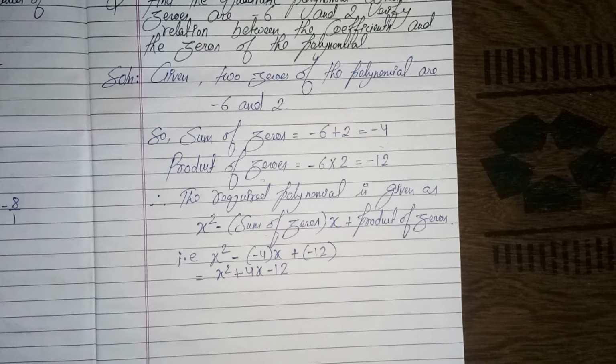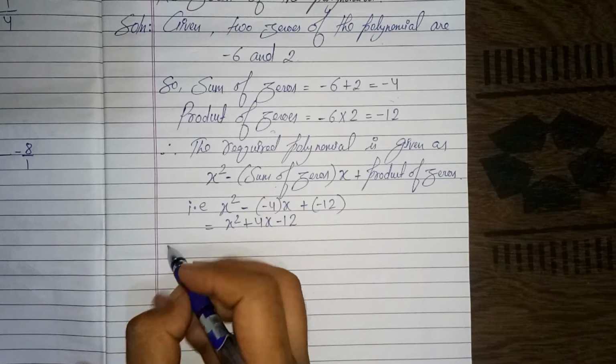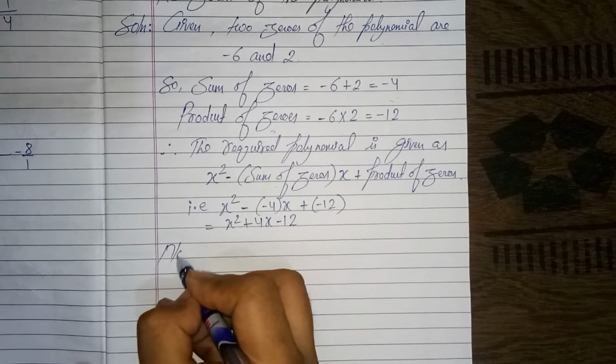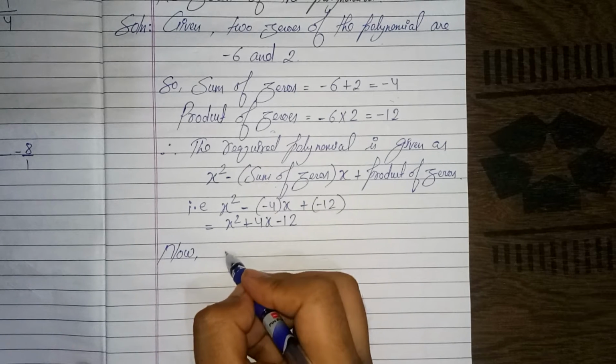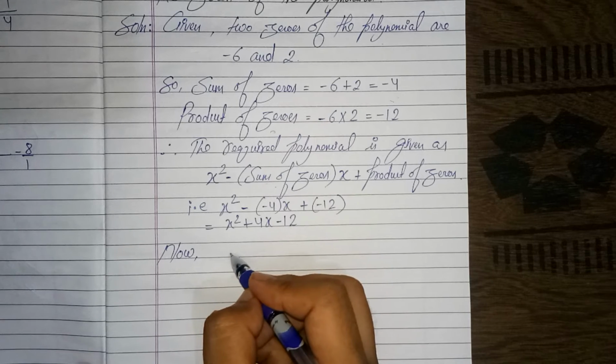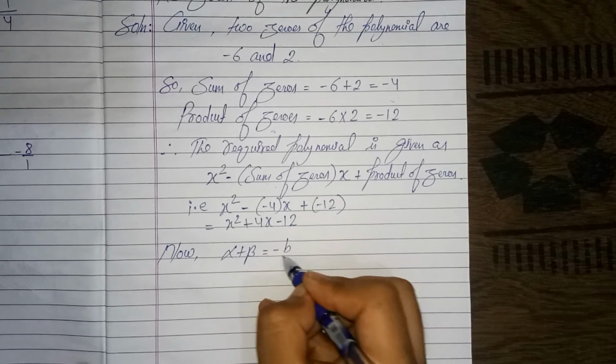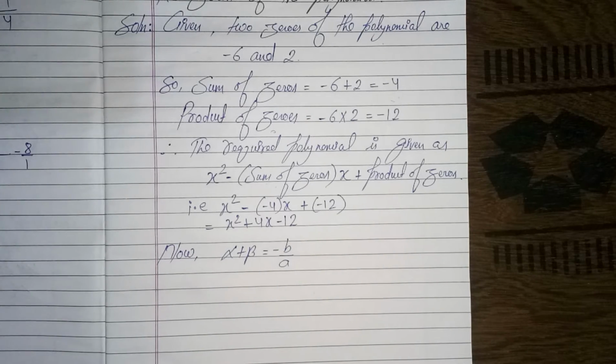Okay, so now what we have to do is the verification. So the verification part is, now alpha plus beta, okay, that means if I do this sum of two zeros, alpha plus beta, this is equals to minus b by a, okay, minus b by a.